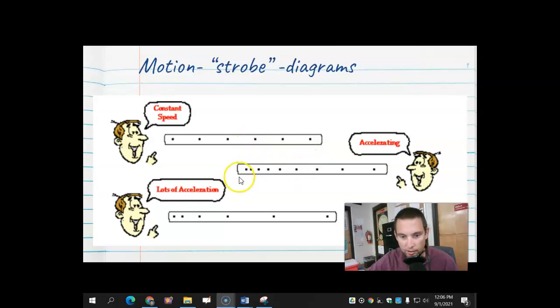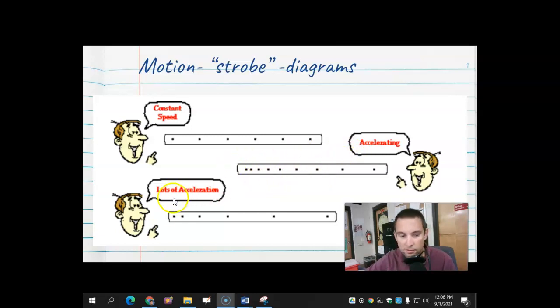So now, if we start at the second one, we are accelerating. There's a small distance between these. Bigger distance, bigger distance, bigger distance, bigger distance. So now our distance between them is increasing, but the same amount of time is passing. So we haven't changed the speed of the strobe light, but now we're seeing how the velocity or the speed is changing.